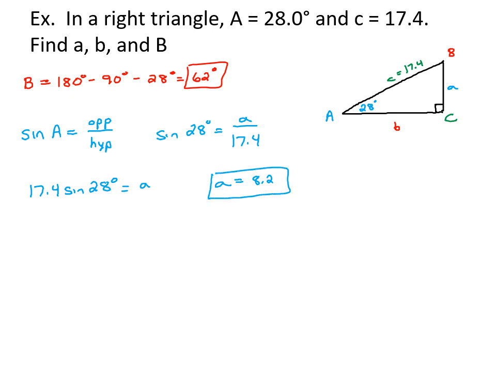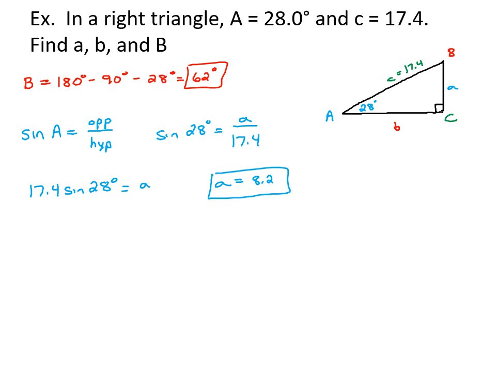And I do the exact same thing for side B. Since I know angle B, I could use sine again and say the opposite over the hypotenuse, doing sine of B equals B over C. But, like I said, I tend to use the same info that they start me with. So I'm going to use the 28 degrees.